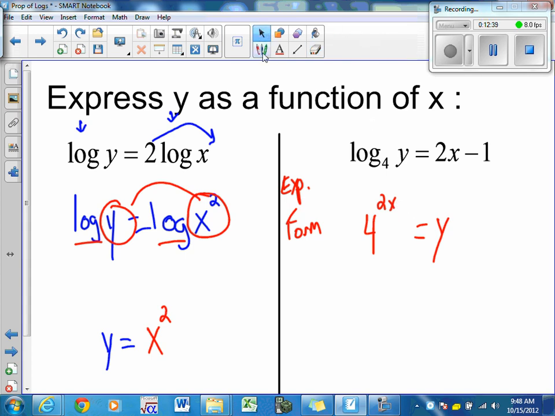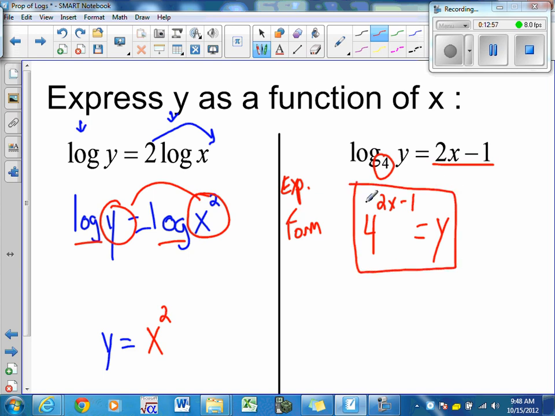Now let's look at where that came from. 4 to what power is y? 2x minus 1. So 4 to this power is y. And we're trying to express y as a function of x. We're already done. I already got y. I solved for y. So in these equations, what we're doing is solving for y.